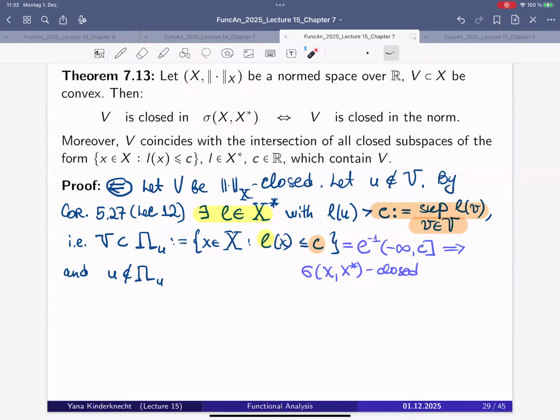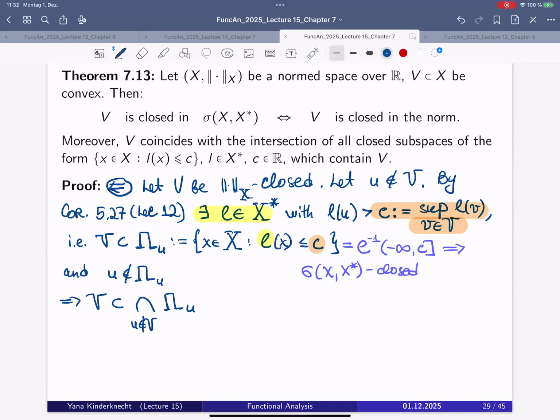Okay, perfect. So what do we have then? Hence, I can represent V as follows: V belongs to an intersection of all P_U over all U not in V. How have I constructed this P_U? I have taken any arbitrary point U which is not from V. Starting from this point, I have constructed a corresponding linear functional.